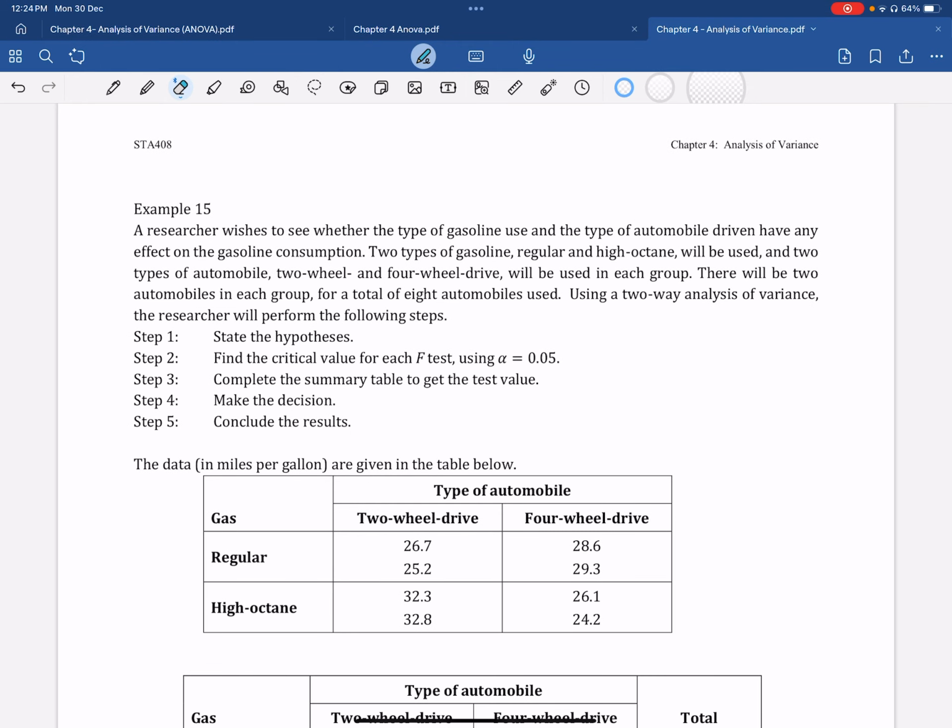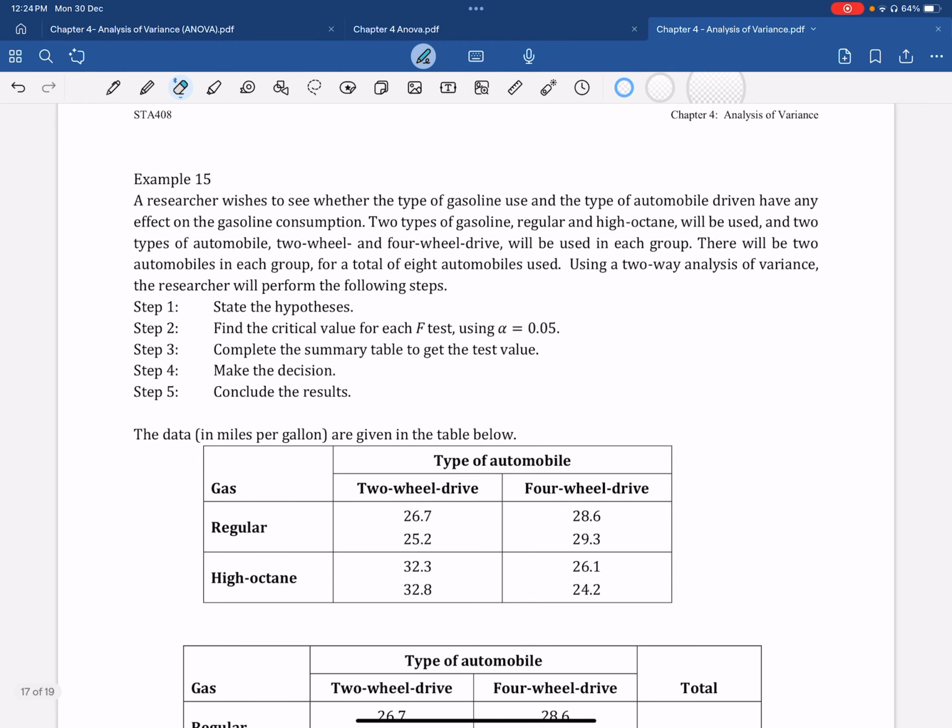For two-way ANOVA, we will take a look at example 15. Let's take a look at the question. A researcher wishes to see whether the type of gasoline used and the type of automobile driven have any effect on the gasoline consumption.